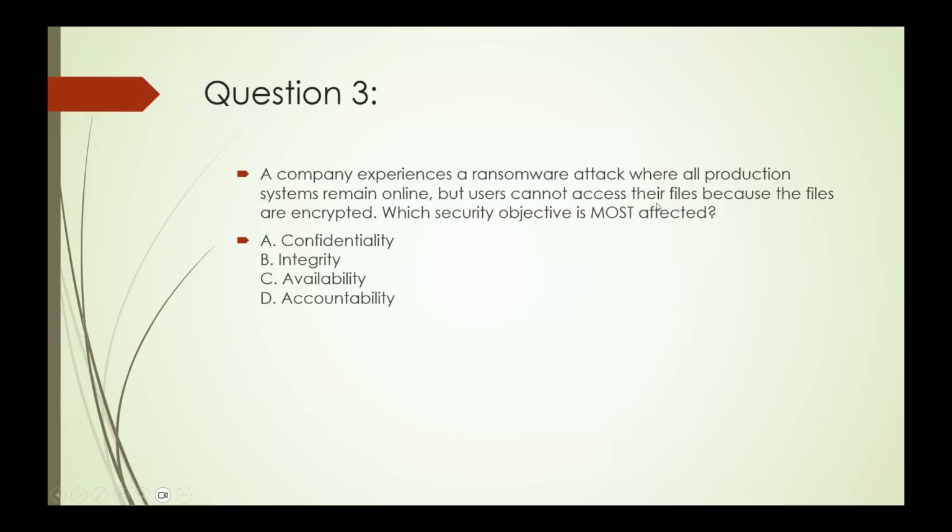If you see the question carefully, the access to files has been affected. Even though systems are technically running, users are not able to access the required data. So availability is measured by usable access here, not just by server uptime. This is how the questions will be twisted in the exam. So the answer is availability.